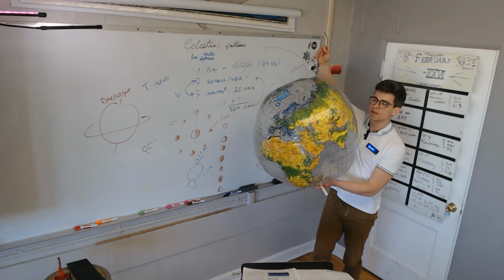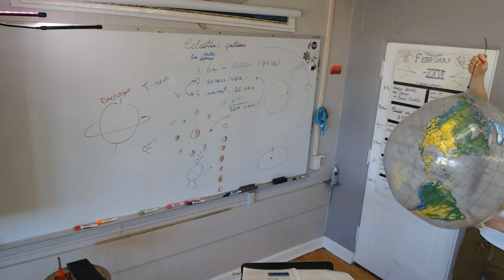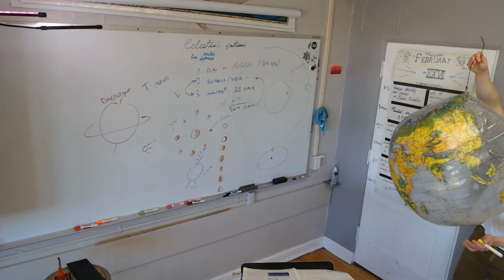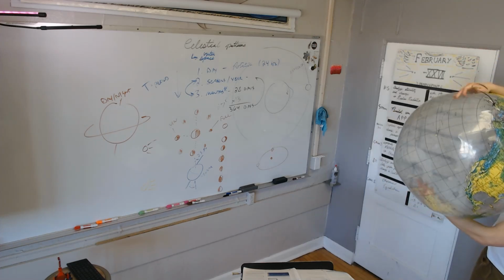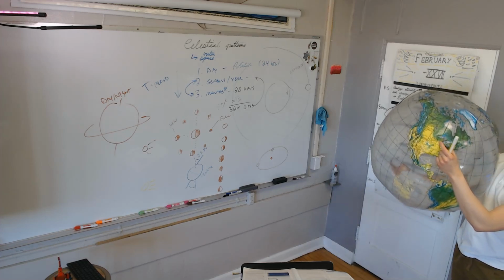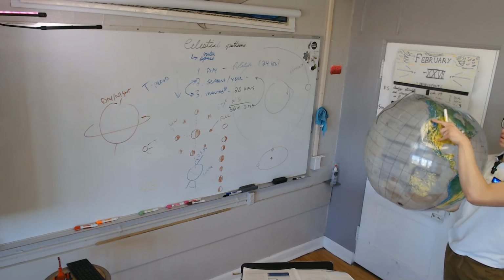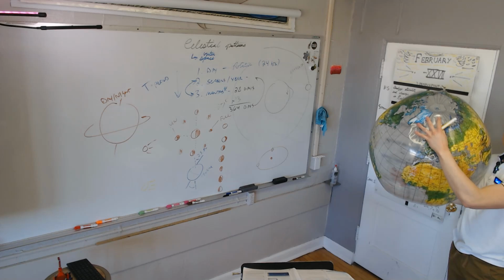You can see that even though day and night happens, if I have the sun there, where it's daytime is the northern hemisphere. Almost perpendicular to the surface of the sun, and I'm having a hard time holding it and pointing, is North America and Northern Asia and Europe, right?